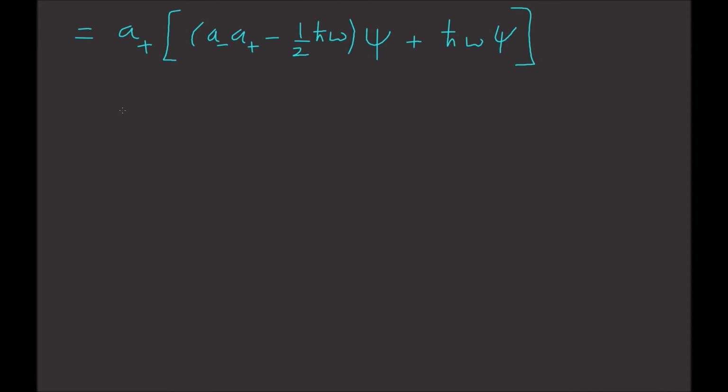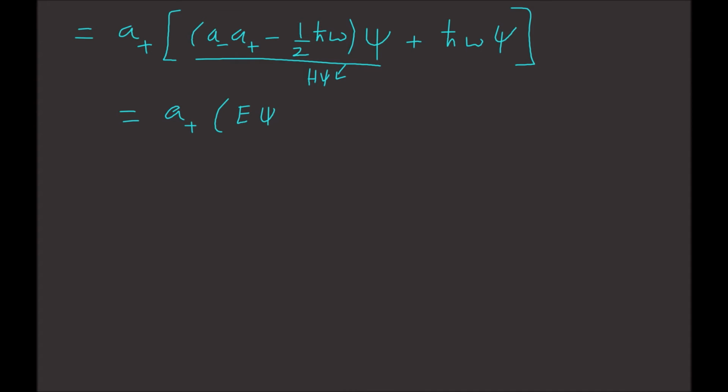Finally, we have equals A plus, this here is just the Hamiltonian. This is the same as H psi, this piece here, right? But we know what H psi is equal to. H psi is equal to E psi.